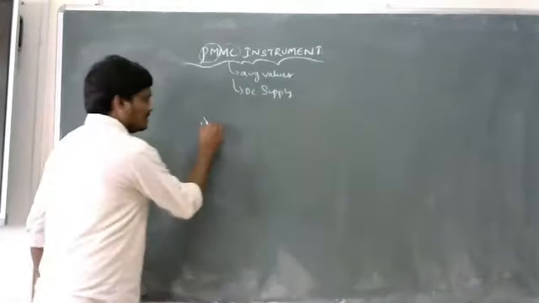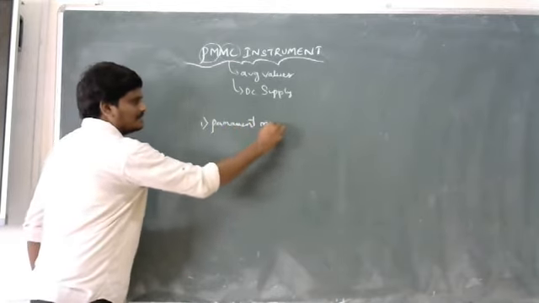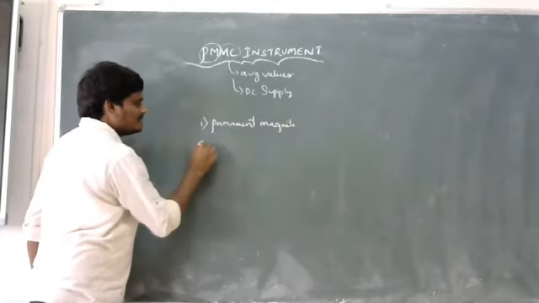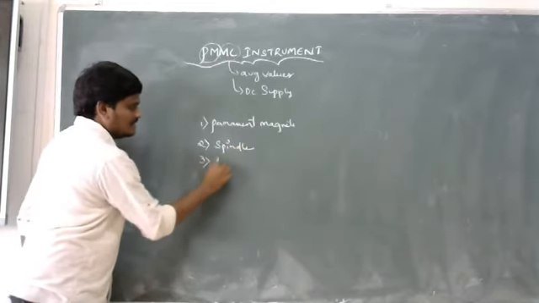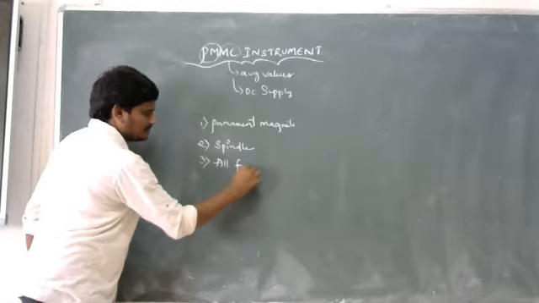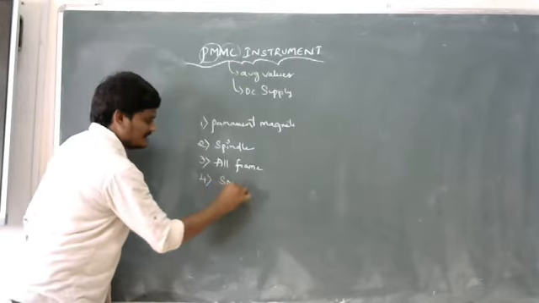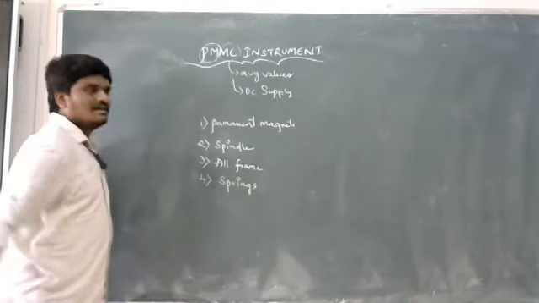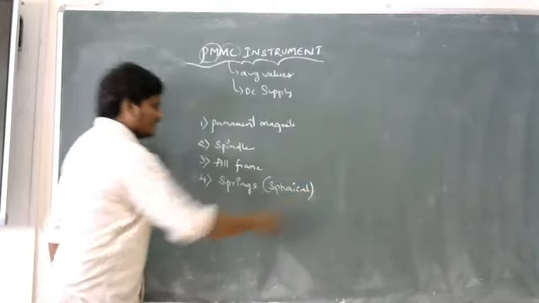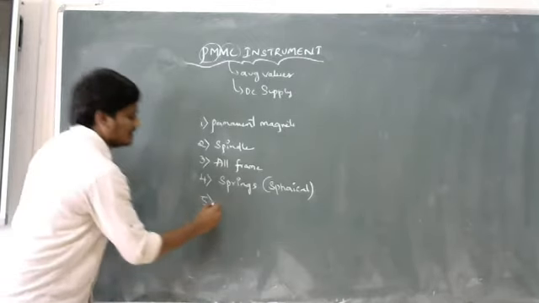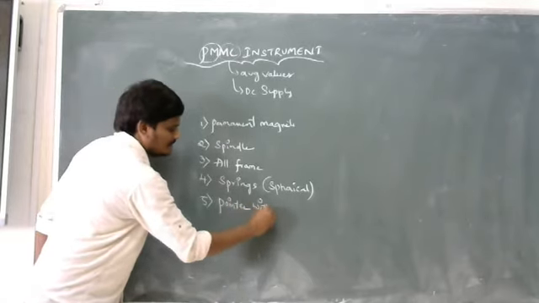The first part is permanent magnets, the second part is the spindle, the third part is the aluminium frame, the fourth part is springs which are spiral in shape, and the fifth part is the pointer attached to a scale.